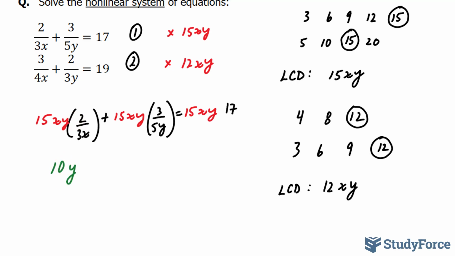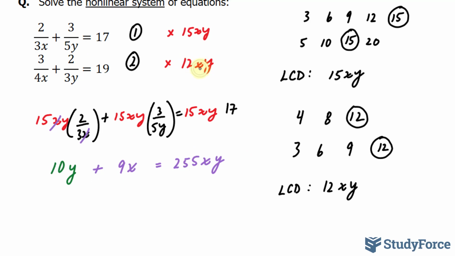And you can also picture it with this x at the top and this x at the bottom canceling out. Similarly, 15xy times 3 is 45xy, divided by 5y gives us 9x. And 15xy times 17, well, 15 times 17 is 255xy. So this equation has now been converted to this equation, and mathematically they mean the same thing.